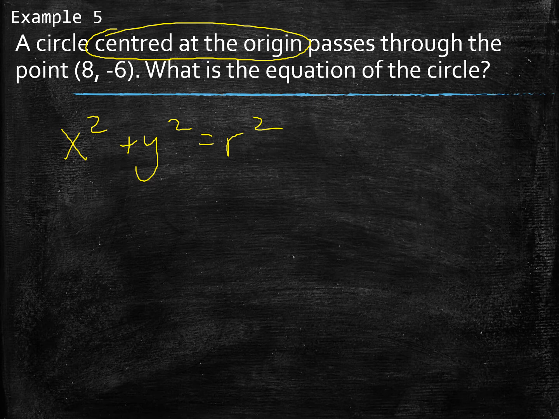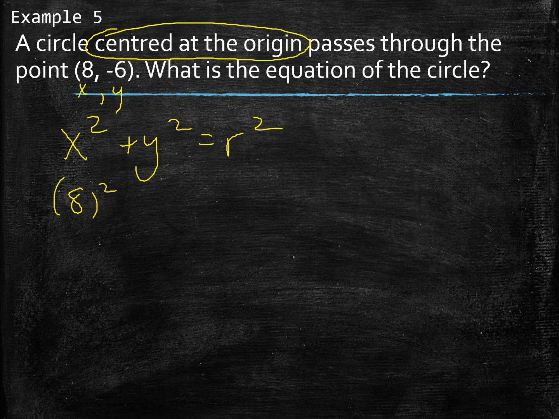If you do, I can show you, but I'm never going to test you on that. So we don't know what the radius is. However, I gave you a point that's on the circle, so let's put 8 in for x, -6 in for y, and see if we can get the r value.